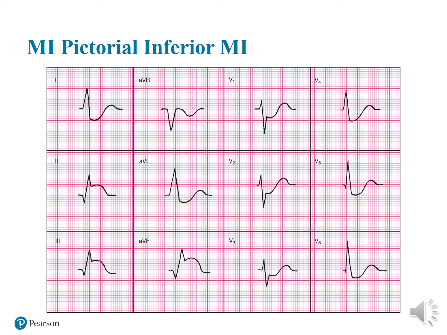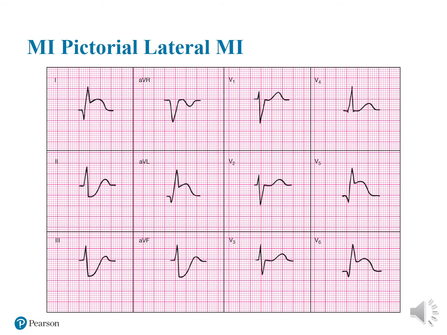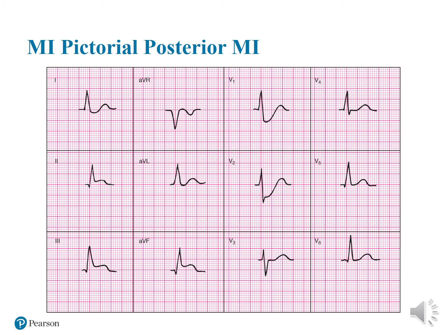Looking at the changes there, that's how we know that this is an inferior MI. Now we're on to the lateral: we'll look at leads I, aVL, V5, and V6. The posterior: we'll look at V2.